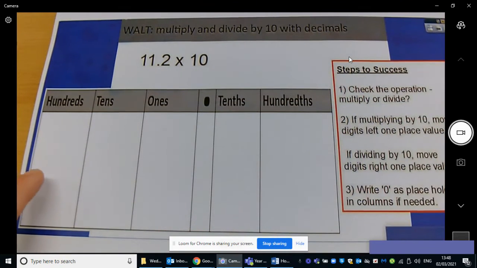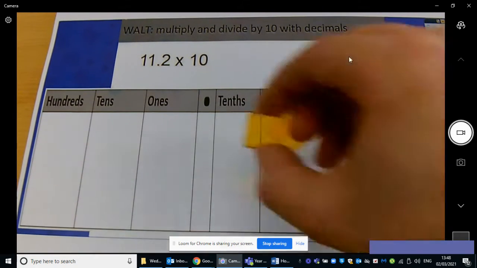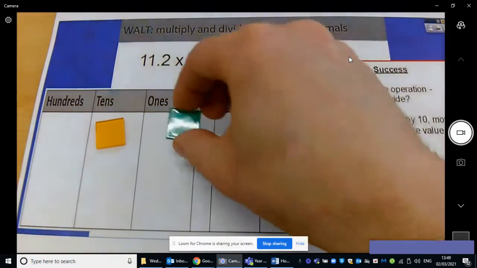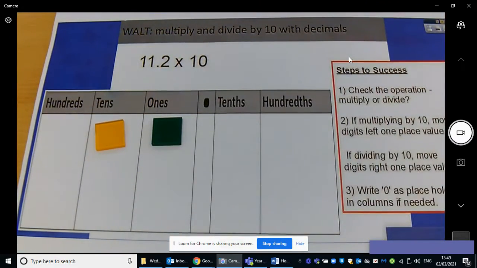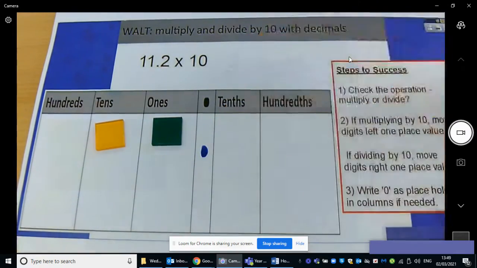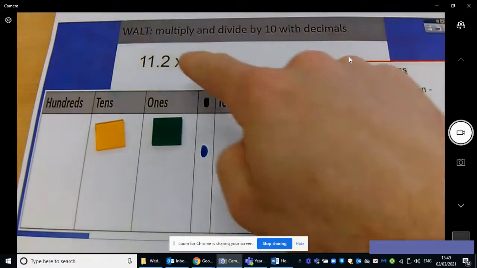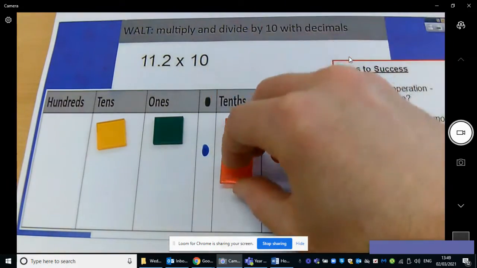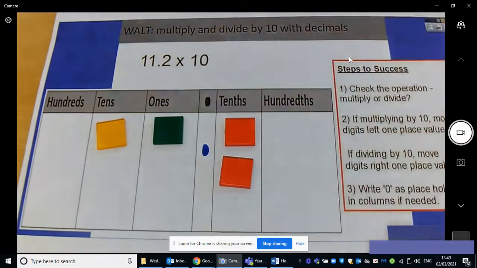So we don't have any hundreds in 11.2. We have 10. We have 1. We, of course, have our decimal point. We have 2 tenths. And we don't have any hundredths in 11.2.